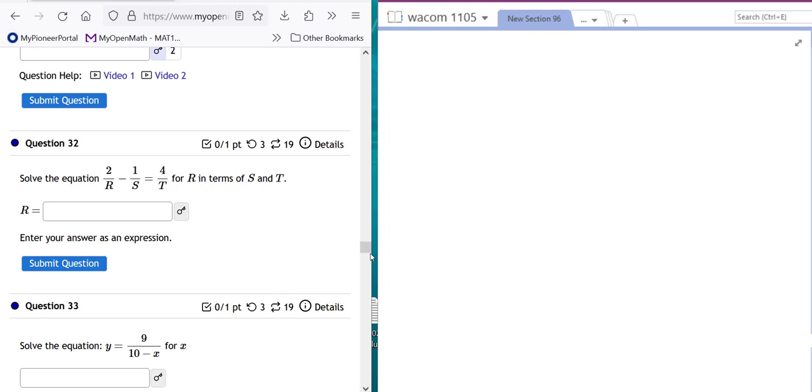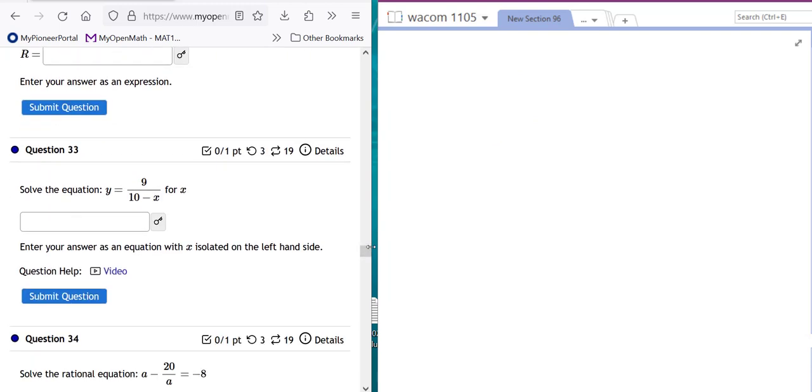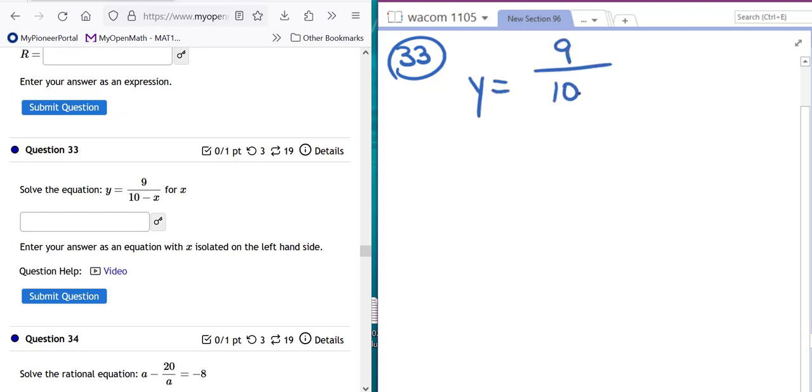All right, formula problems. I am going to do number 33. This one has it in the denominator. I was thinking it would have the variable in the 2 places, but it doesn't. All right, so y equals 9 over 10 minus x.